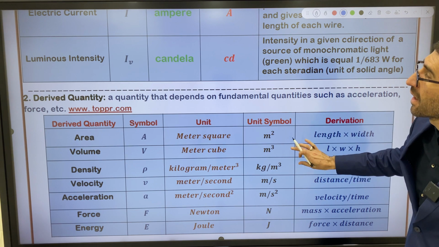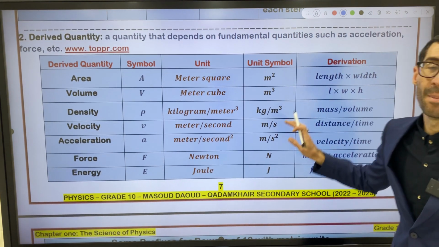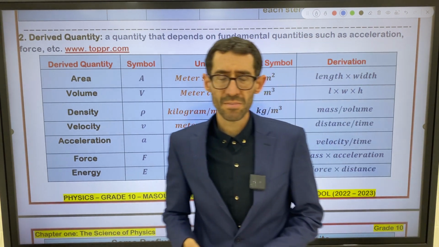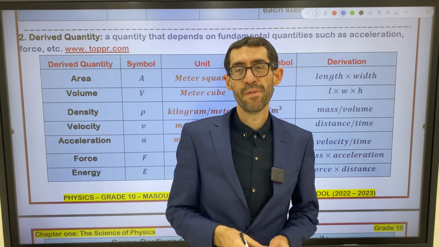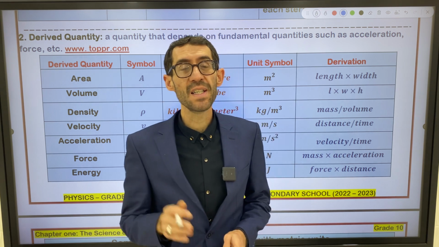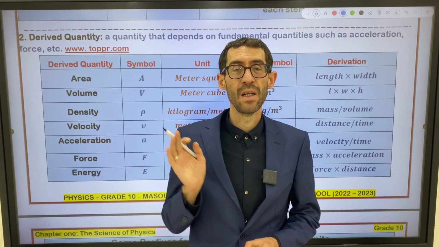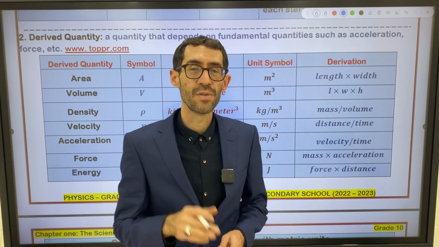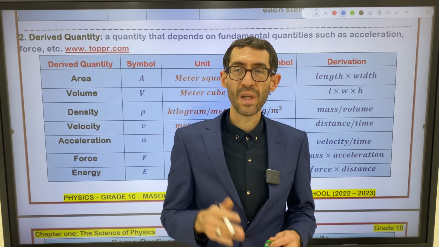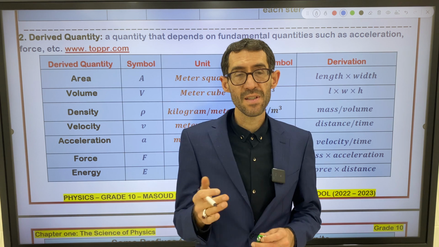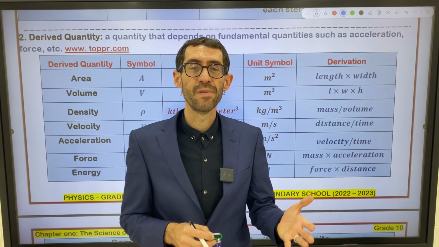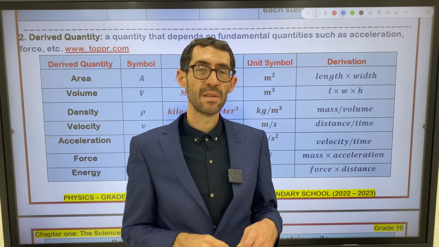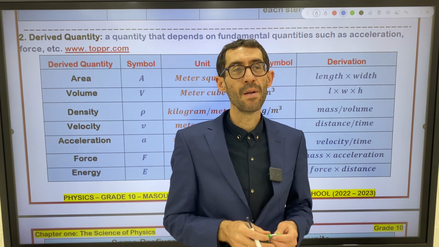Actually, these are the fundamental units, right? So we have 7 fundamental quantities in physics versus what? Versus a lot of derived quantities.